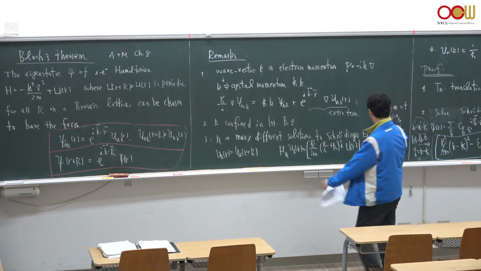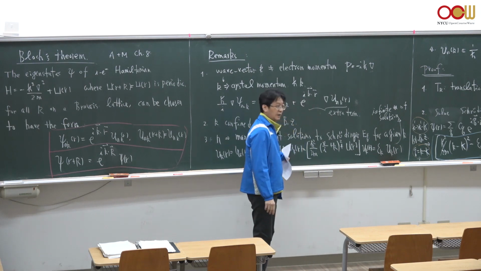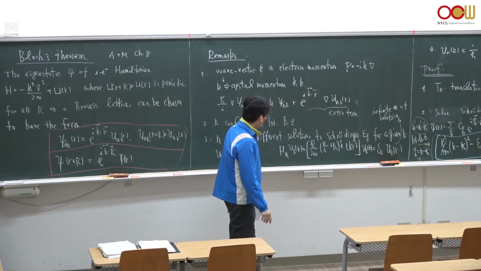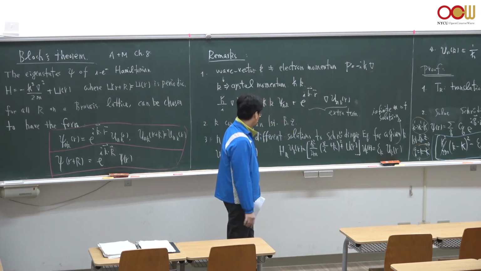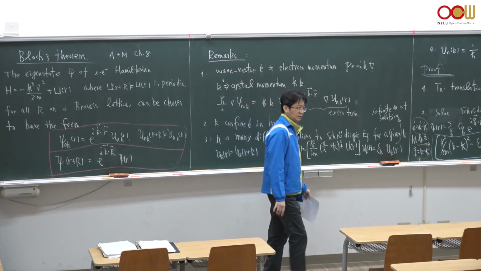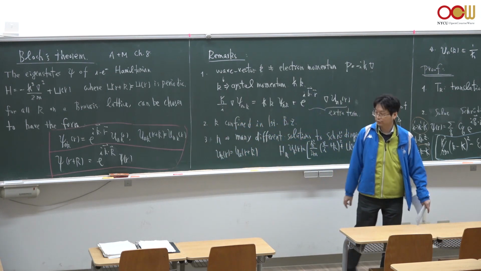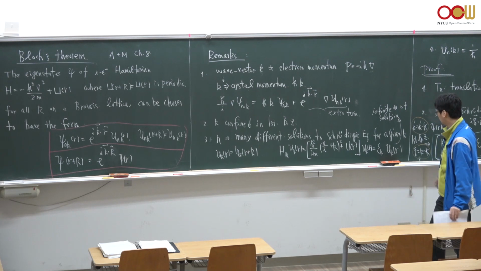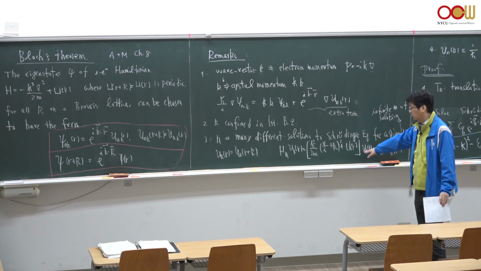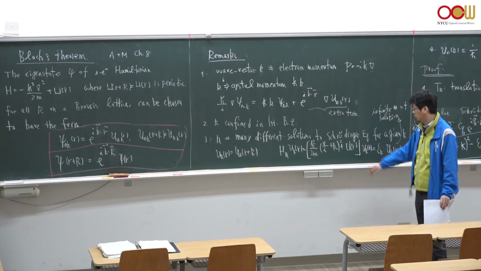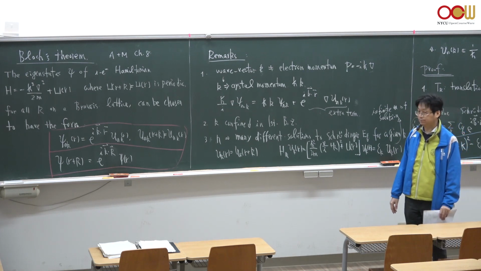If you plug this Bloch theorem back into the Schrödinger equation for that one electron, this is the eigenvalue problem that you need to solve to get u_nk(r).